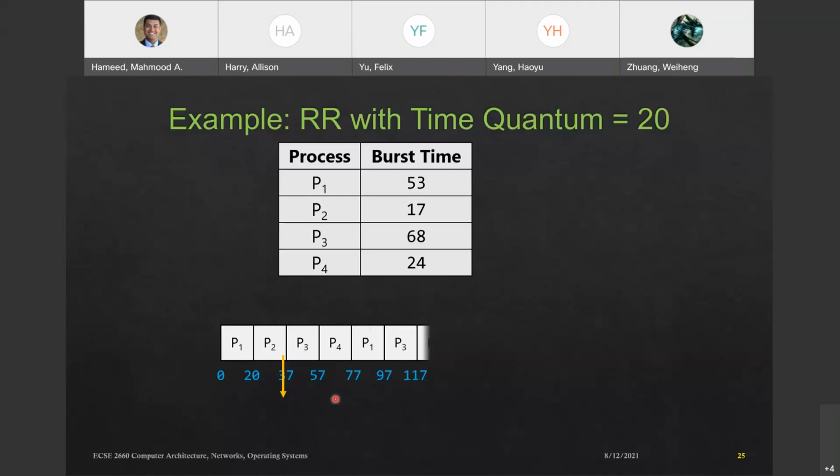P3, P4 now just left with, what, 4 milliseconds. So P4 gets to finish there. And then you go back to P1 and it will finish there because you're less than 60. So you need only 3 time slices. And then P3 finishes after 2 time slices, because you need to reach 80.